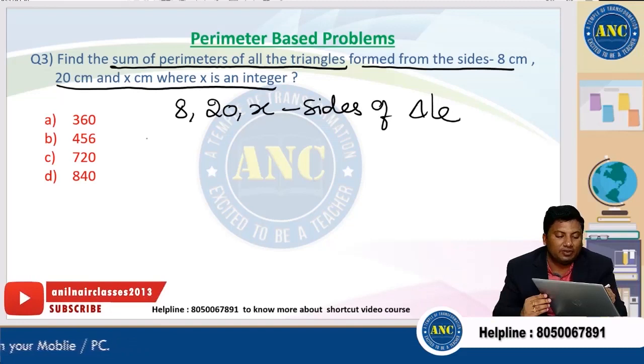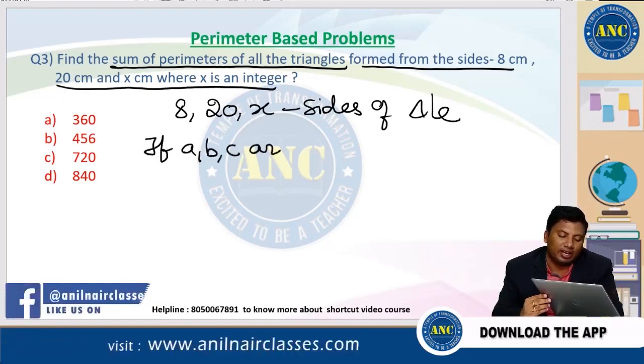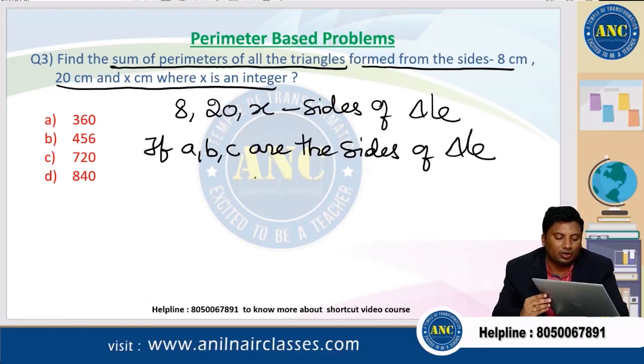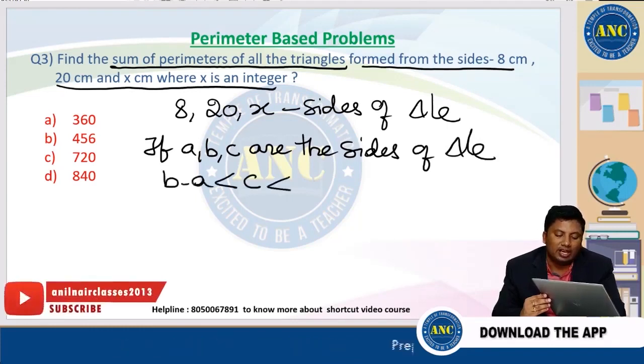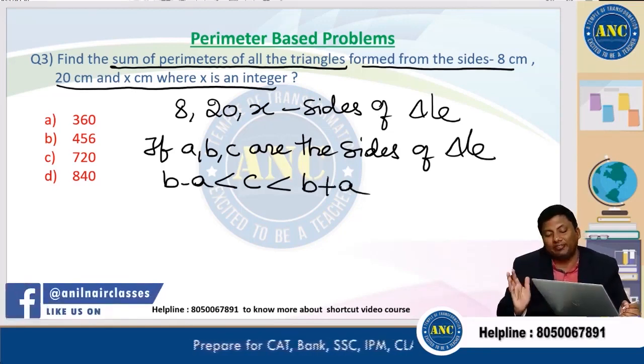Yesterday we discussed one concept. If A, B, C are the sides of a triangle, what is the condition to get the third side? B minus A less than C less than B plus A gives the right range for the third side.